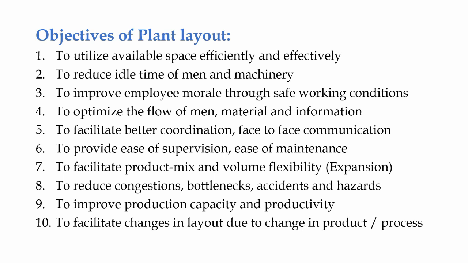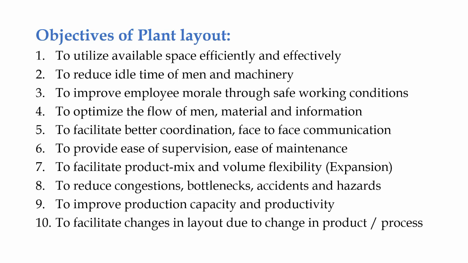So congestions will happen when the space is not sufficient or there is backtracking of materials, and bottlenecks may occur when the line is not properly balanced, and accident may occur in case of any wrong handling of the machinery, or the space is insufficient for the worker to escape, and hazards may take place fatally or maybe due to human errors.